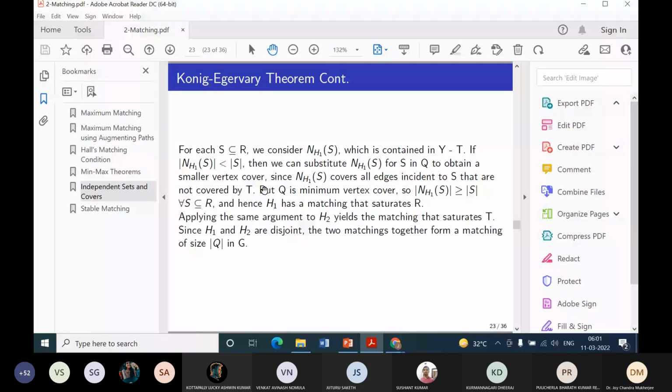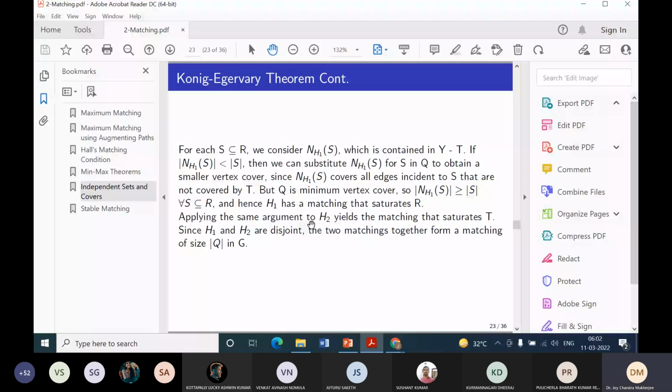That is not possible, since N_H1(S) covers all the edges incident to S that are not covered by T, but Q is the minimum vertex cover, so N_H1(S) is greater than or equal to S, for all S subset of R. Hence H1 has a matching that saturates R.